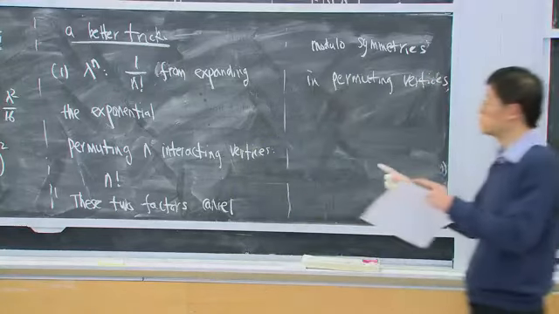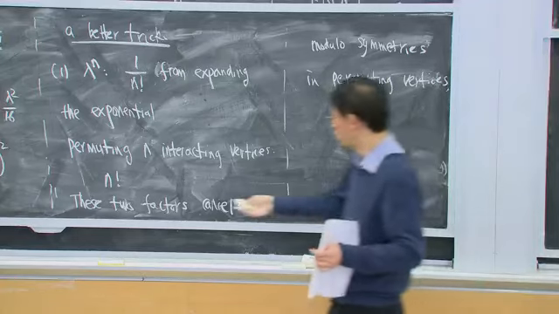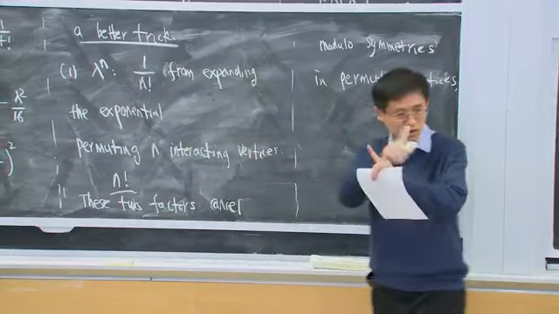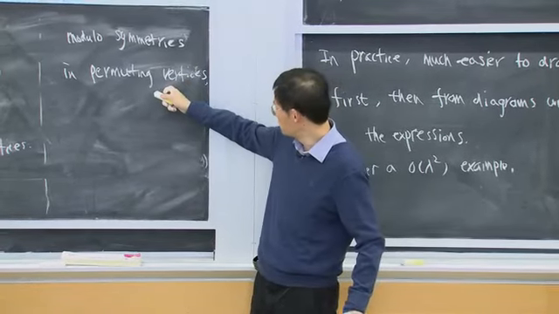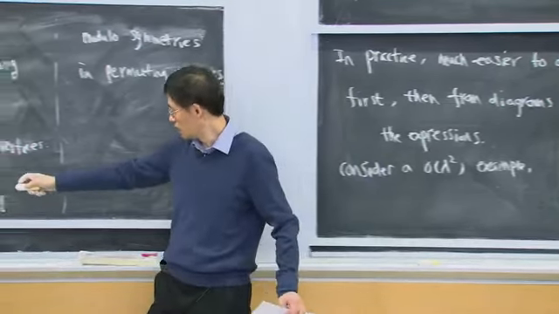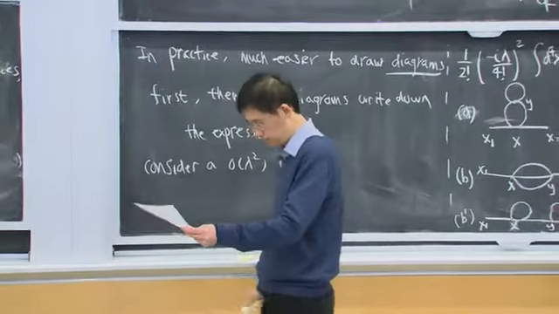If there are symmetries in permuting vertices, then of course you don't get n factorial, because some of the permutations give you the same diagram. So this is the first observation.